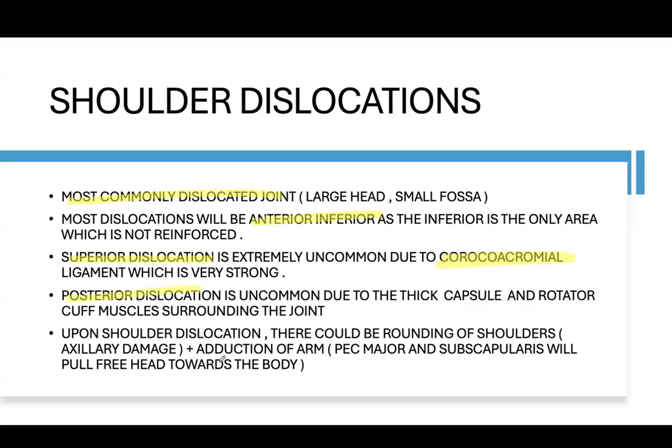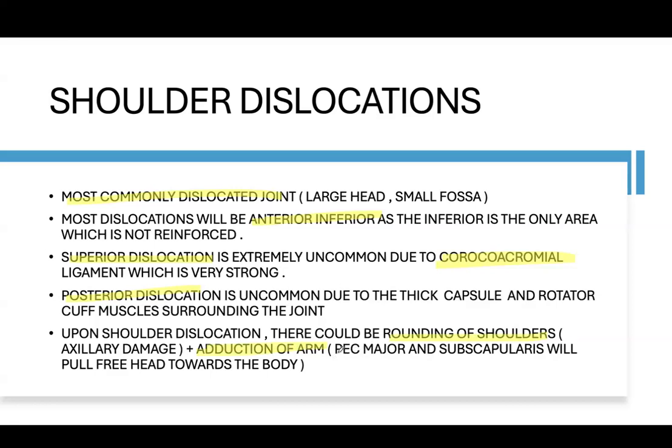When you have a shoulder dislocation, a very common presentation is rounding of the shoulder, which is because of the axillary nerve damage and the loss of contour, because the deltoid will be affected, and basically the loss of the capsule, the loss of this joint causes rounding. Then you have adduction of the arm, meaning it goes towards the midline.